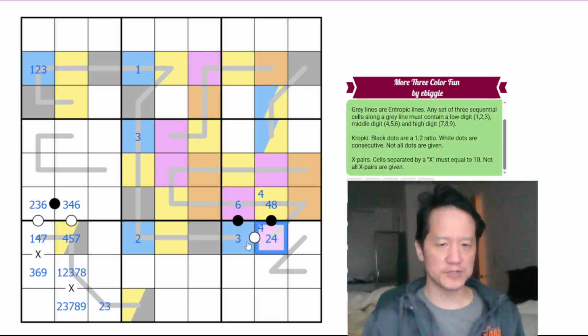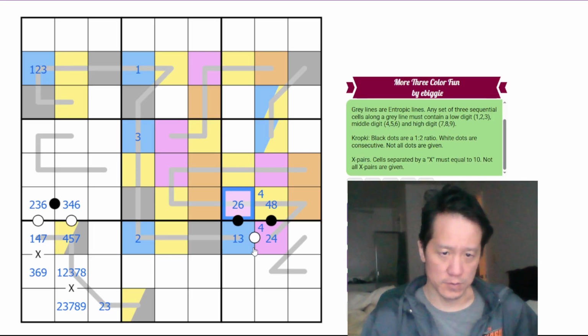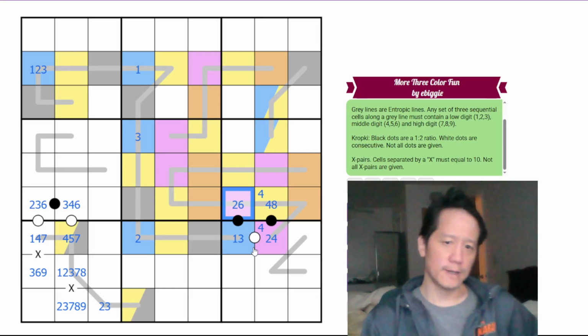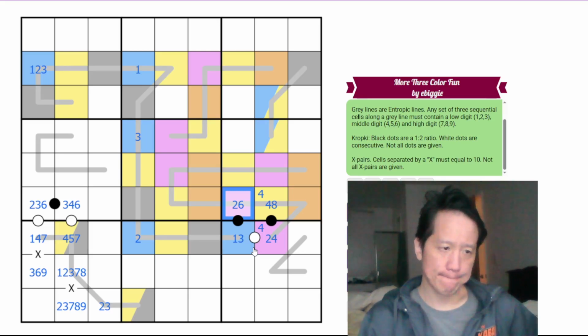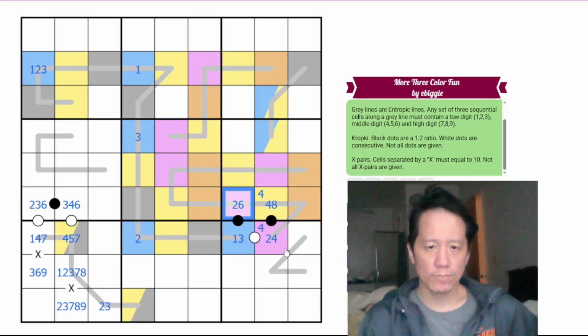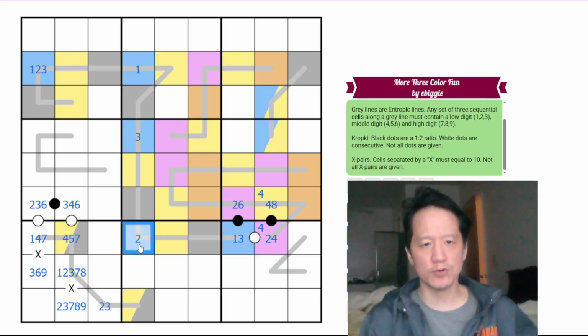And if this is 2, it would have to be with 1. It cannot be with 3. It would have to be with 1. So then this would be 2. Oh, that's interesting. So if this is 2 and this is 1, this would have to be 3.